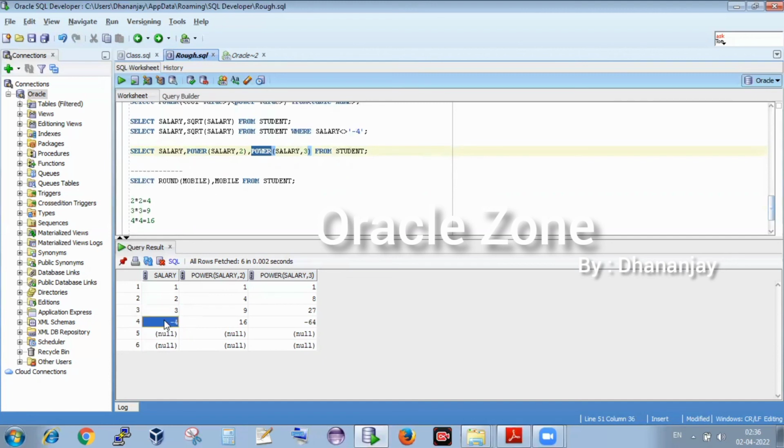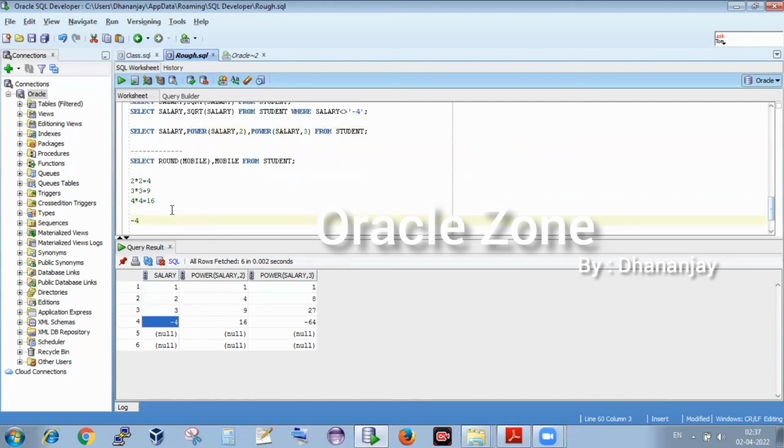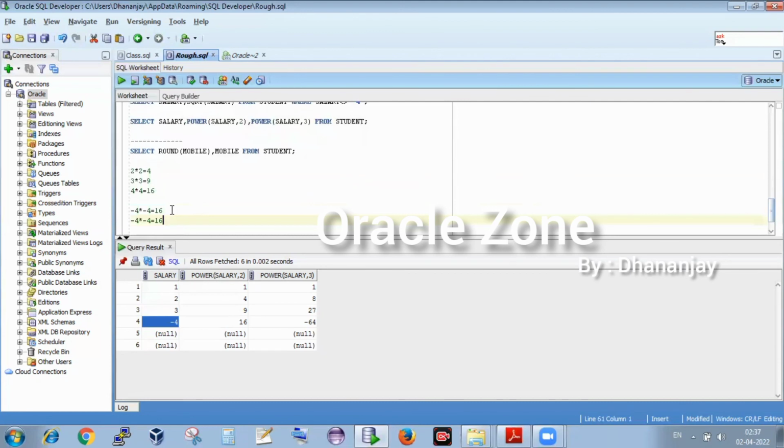So minus 4 to the power 2 means what? Minus 4 to the power 2 means again multiply with minus 4. So what will be there? 16. But here negative sign and here is also negative sign. So what sign will be there? Positive sign will be there. Okay. But for the same value, if you want to perform minus 4 to the power 3, means minus 4 into minus 4 into again minus 4. So what will be there?